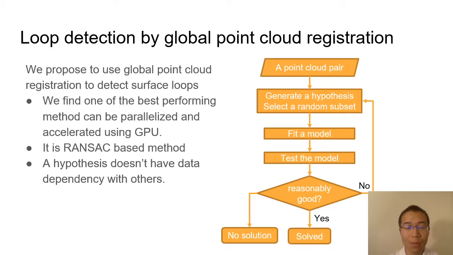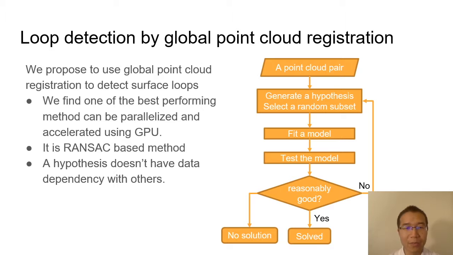Given many loop proposals, it is important to have a method to detect whether a loop proposal really is a loop or not. We propose to use global point cloud registration for that purpose, but most global point cloud registration methods are really slow, and in order to build a system that is capable of running in real time or close to real time, we need to accelerate these methods.